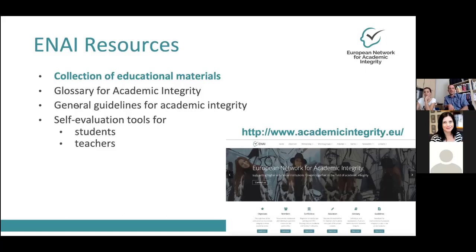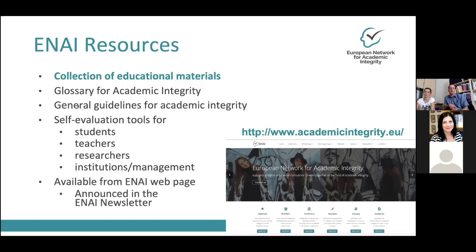And there are self-evaluation tools for students, teachers, researchers, and for management about how well they understand the topics related to academic integrity. And it's also about their views and commitments.